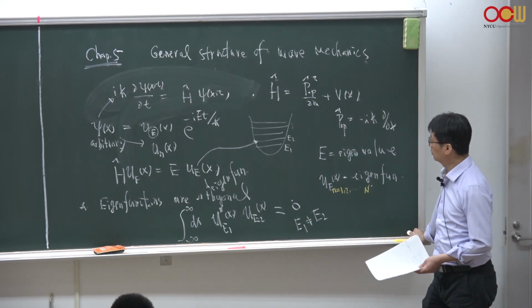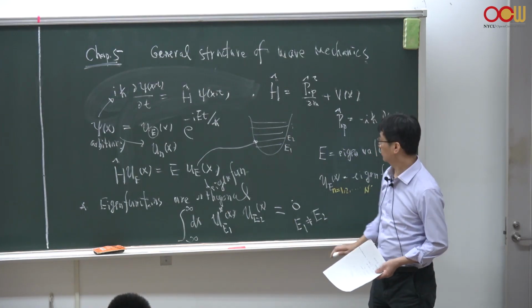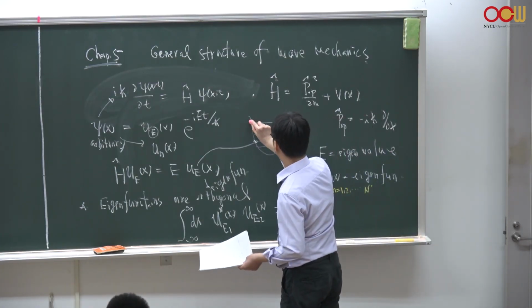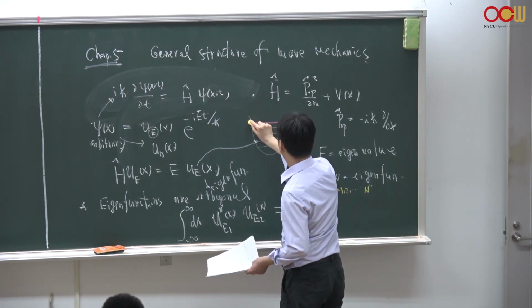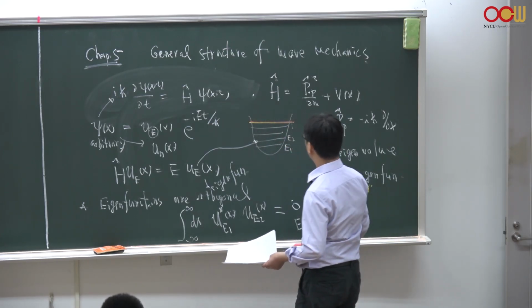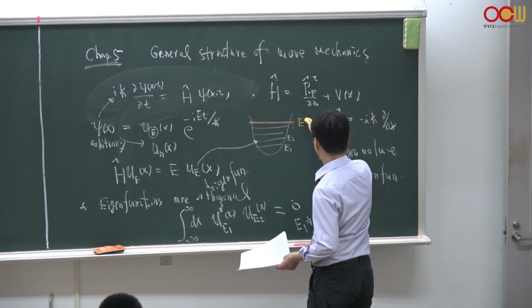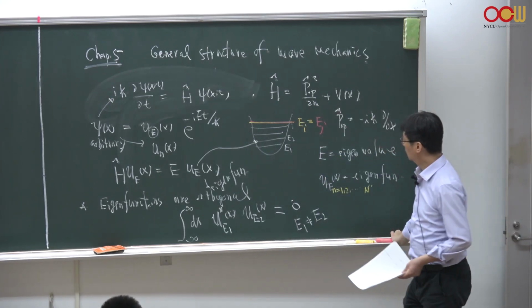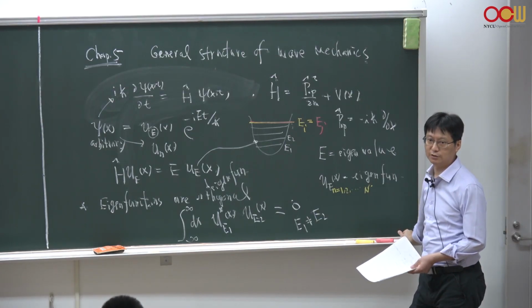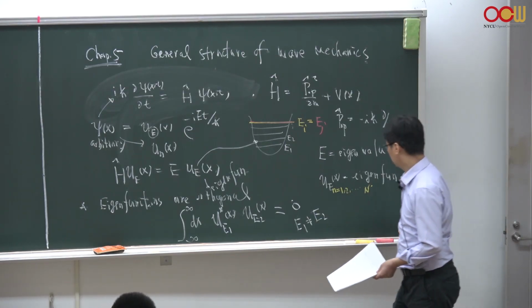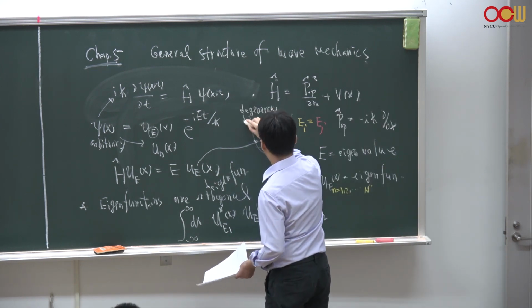So suppose these two states are really two different states. In some cases you have two degenerate states, meaning the two different eigenstates have the same energy. So the yellow state is not the same as the red state, but they have the same energy. In such a case, we call this degeneracy, or degenerate states.